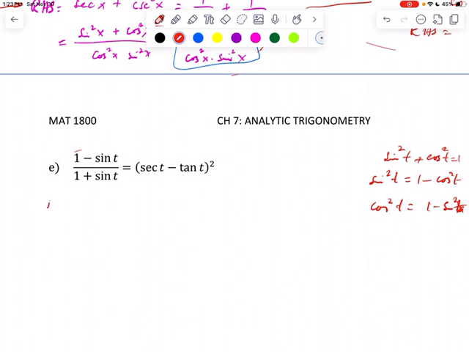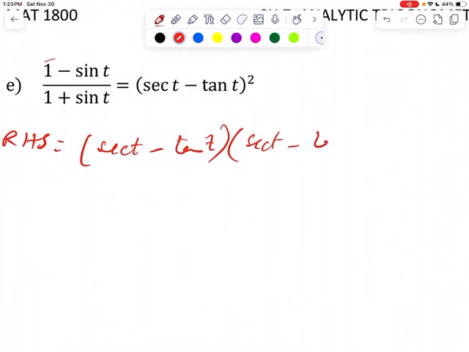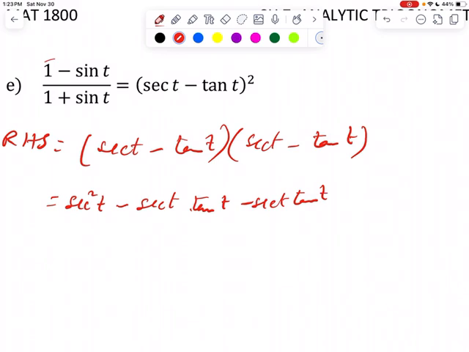Okay, so here let's say we start with the right hand side. So I will have secant t minus tangent t times secant of t minus tangent of t, which is equal to secant square t minus secant of t into tangent of t minus secant t into tangent t plus tangent square t.